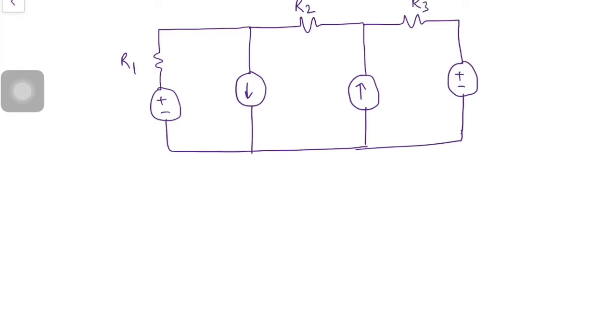Now we are having two current sources and two voltage sources. We have to solve this circuit using mesh analysis.